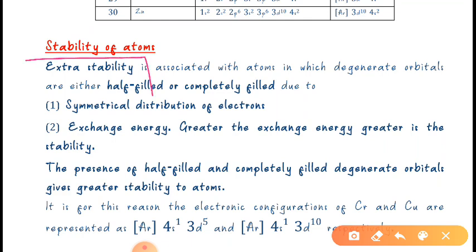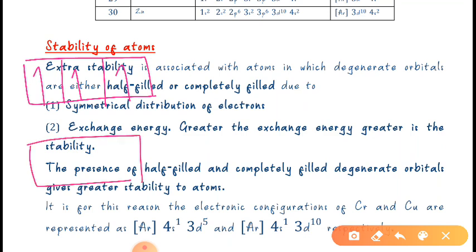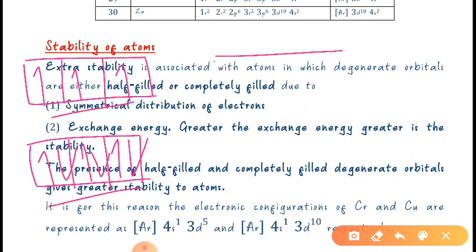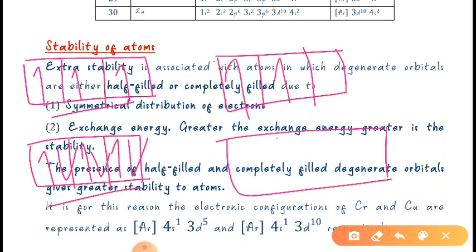If there is one atom whose last orbital is like this, half filled, or the last orbital, the outermost orbital, is like this, fully filled. This one is half filled and this one is fully filled, and one is like this, and another one is like this.